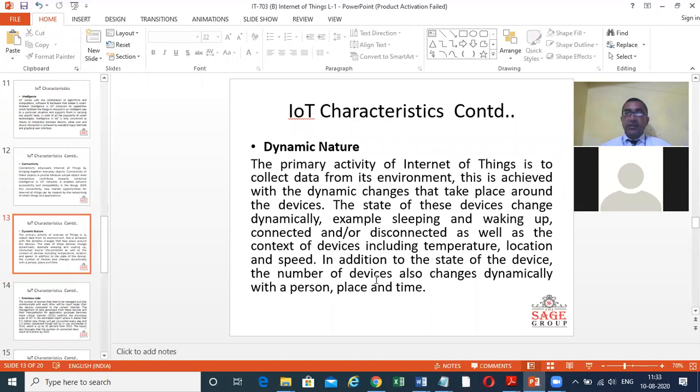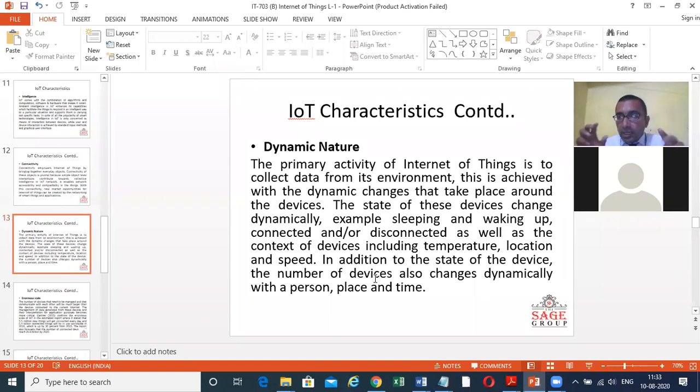Next one is the dynamic nature. The dynamic nature of IoT is to collect data from its environment. This is achieved with the dynamic changes that take place around the devices. The state of these devices changes dynamically, for example sleeping and waking up, connected or disconnected, as well as the context of the devices, including temperature, location, and speed.